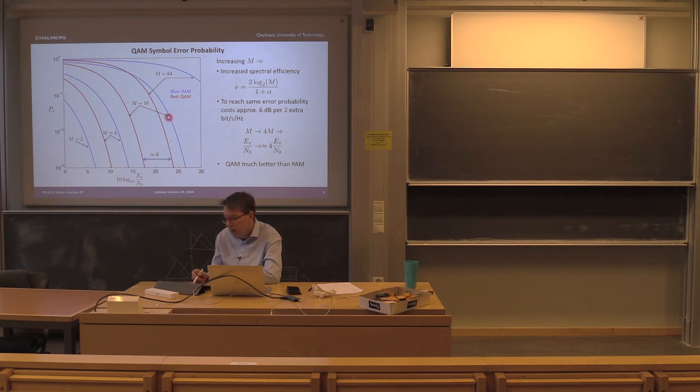We have the 16 PAM here and 16 QAM here, and so forth. So which system is best here? Let's compare them with the same spectral efficiency, say. So comparing, say, 16-nary systems. So this is QAM and this is PAM. Which one would you choose?